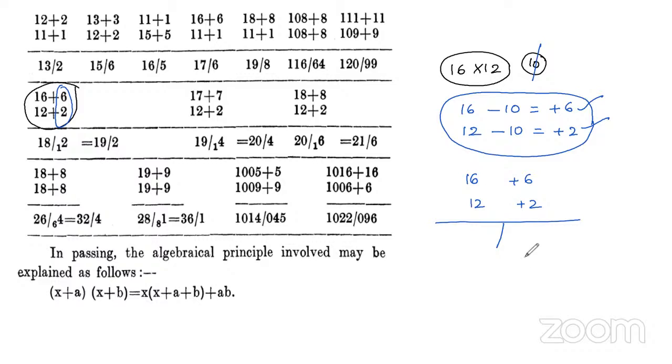The base is 10, so only a single digit will be fixed here. 6 into 2 is 12, and 1 will be carried forward. And the cross addition, why? Because in the previous case we did a cross subtraction because the deviations were negative, but in this case the deviations are positive. So 16 plus 2 is 18, and 1 carried forward gives 19, so 16 into 12 gives us 192 as the final answer.